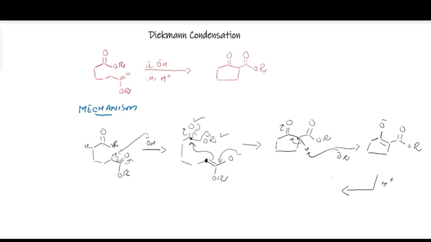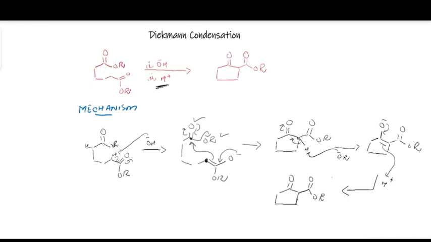Acidic workup is carried out in the second step, as you can see here. So this enolate collapses back and it takes this proton to restore the ketone moiety. So a 5-membered ring is formed as a result.